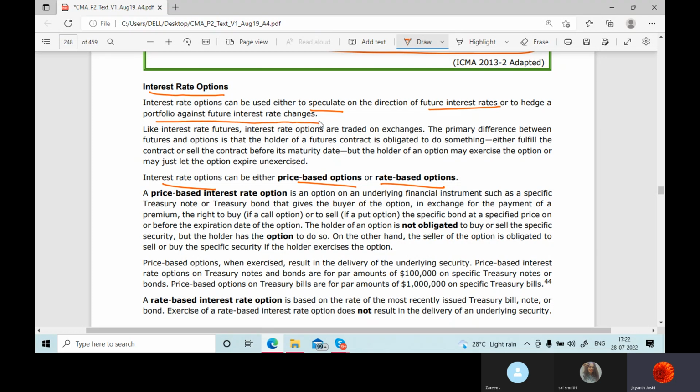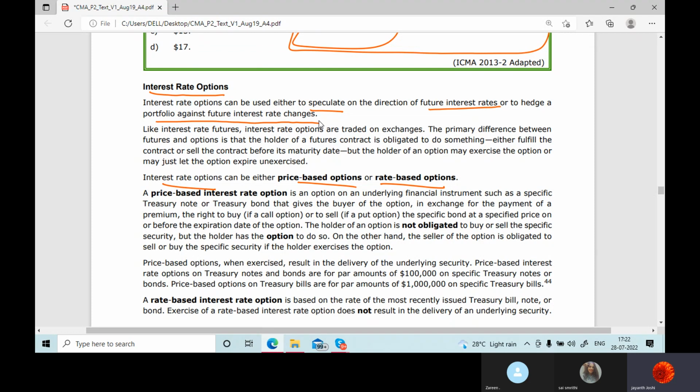Of course, you can take interest rate options to speculate. That means banks, in the future the rates are going to be high, let's say.